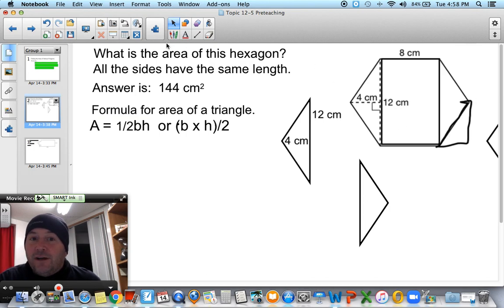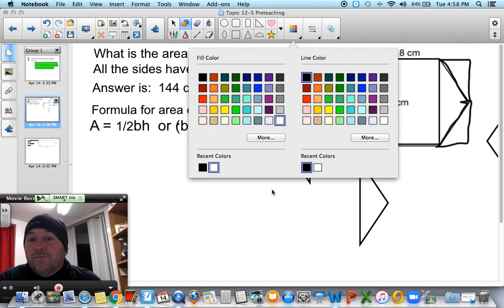Not a very good triangle. And then you're going to say, I can take this triangle right here, remove it from there, and plug it in there. And so now my shape looks like this. I've gotten rid of those triangles.